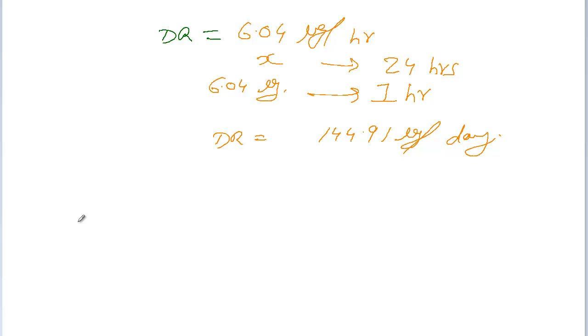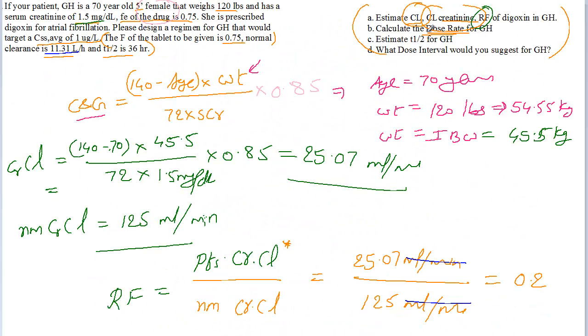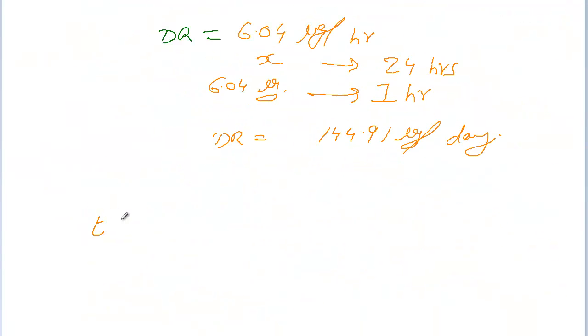So we have calculated the dose rate. Now we need to calculate the T half of this drug. The T half of the patient is the T half of the normal patient divided by the renal fudge factor, that is 1 minus Fe times 1 minus Rf.